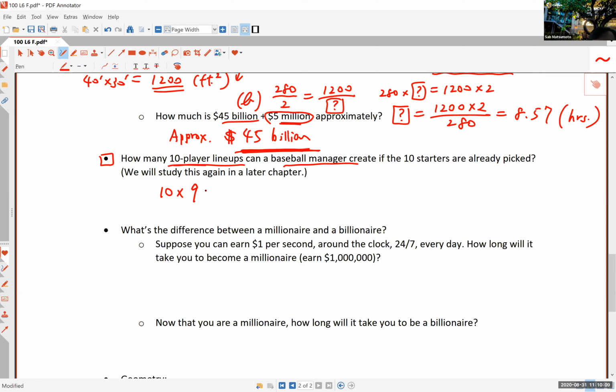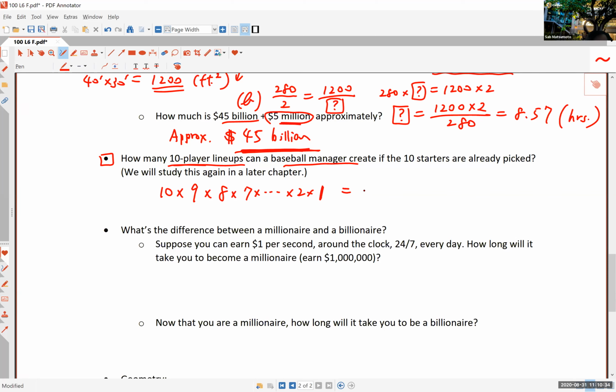There are 9 choices independently. And then after that, you have 8 to choose from for the third place and so on. And so the answer is you multiply all the numbers from 10, 9, 8, 7, all the way down to 1. And for the 10th position, you basically have only one choice because there's only one player left.